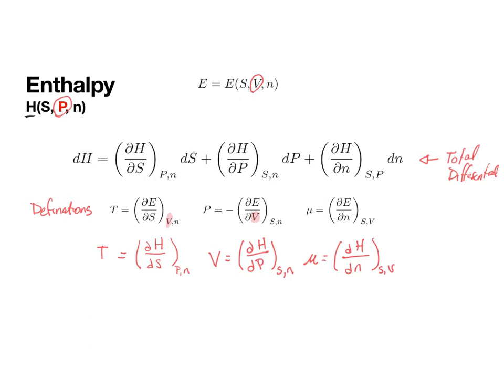So now I can plug these new definitions in, and I get that dH is equal to TdS plus VdP plus mu dN.